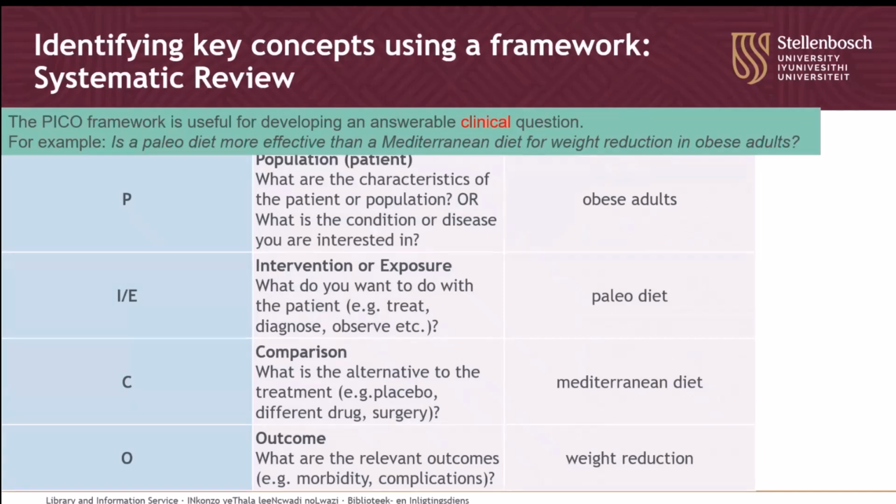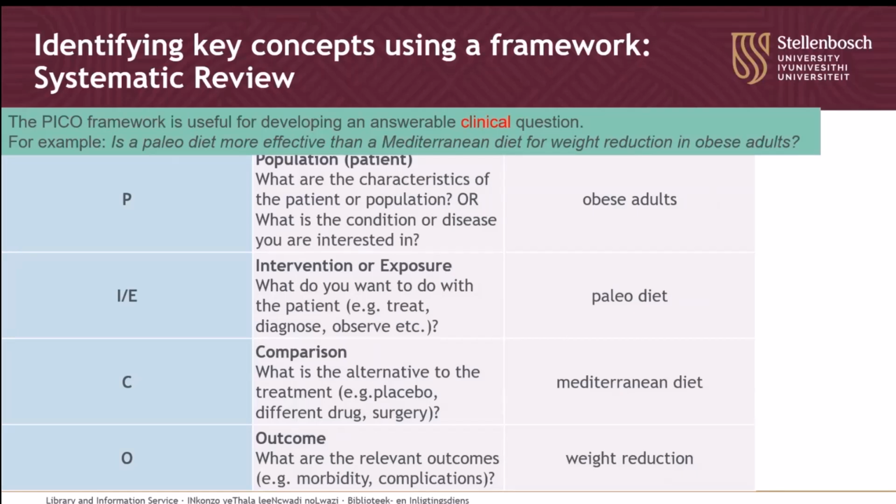So this is a systematic review example. We're going to identify some key concepts using a specific framework. This example is in medicine and health science. The framework we're going to use is the PICO framework, and this is a clinical question.